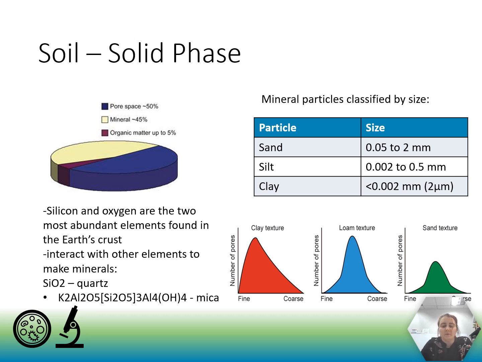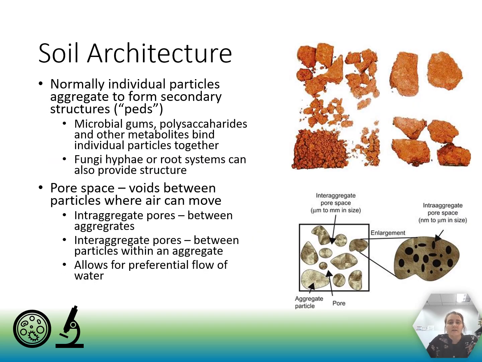When we look at the composition of soil, a lot of it is going to be mineral, about 45%, about half of it is going to be pore space, and the remainder is going to be organic matter, up to about 5%. The different types of particles we have can influence not only surface area, but what types of organisms could be there.